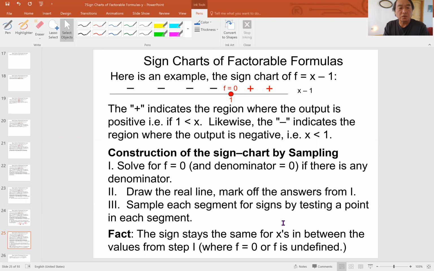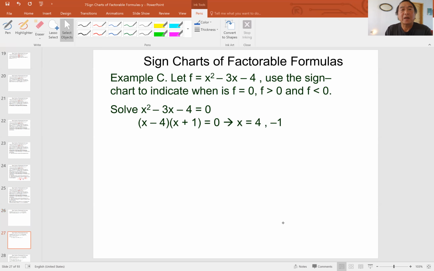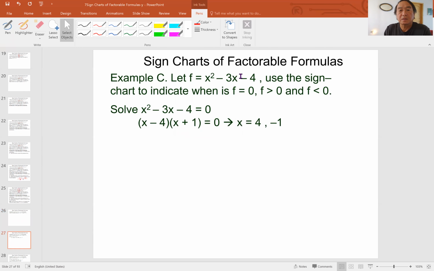So we assume this. How do we then construct the sign chart of the second degree formulas? Let's bring back what we did over here. The first step, you solve for 0. You find where the expression is 0, so factor and solve for 0.